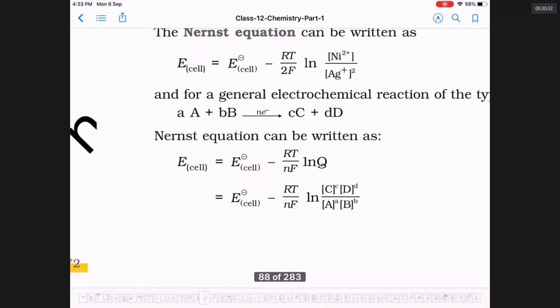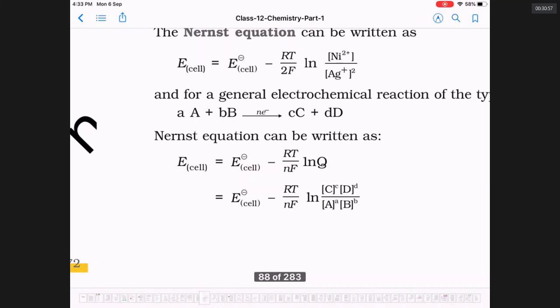When the equilibrium state is achieved, your battery will not work, it is dead. As long as zinc is losing electrons and copper is gaining electrons, the cell operates. When the speed of the forward reaction is equal to the speed of the backward reaction, then the cell is said to be dead. A cell is always said to be dead when it is not giving you any current.